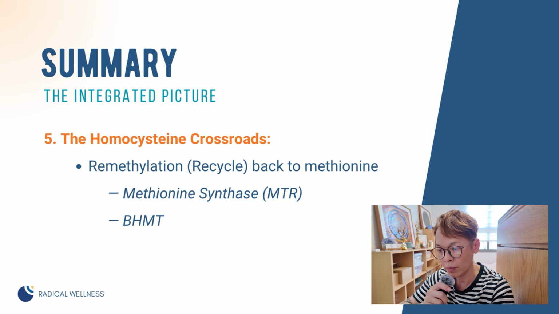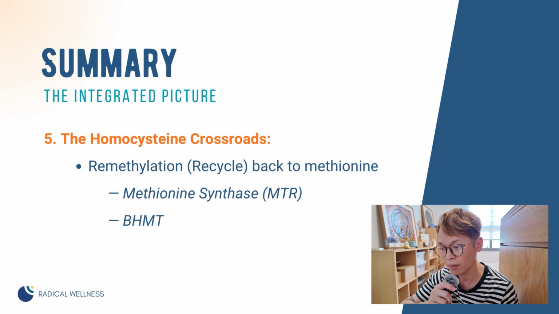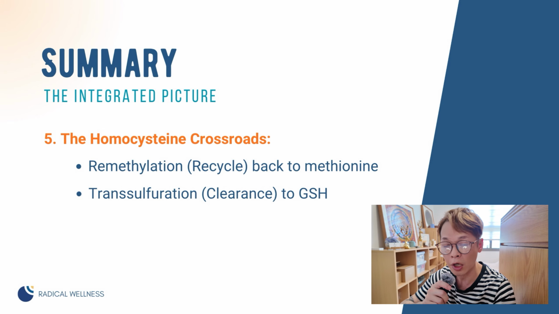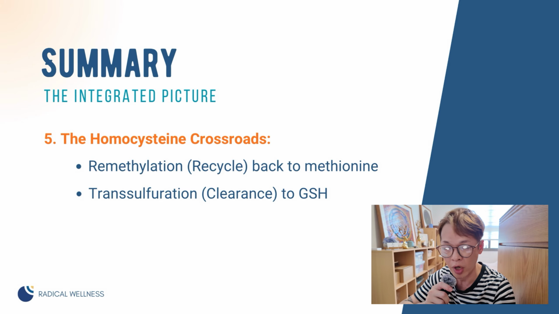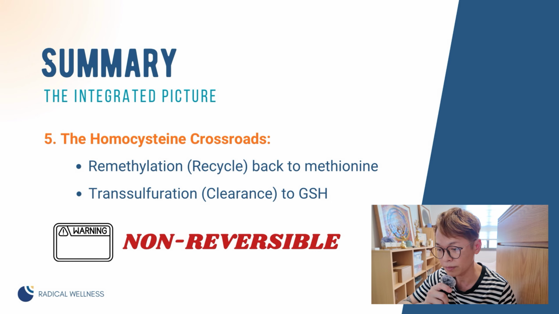Then the second option will be this BHMT pathway, which recycles homocysteine using betaine as a methyl donor, but is limited to liver and kidneys only. Then the second fate will be under this clearance pathway, which is the transsulfuration pathway to produce glutathione. This can be activated by high SAM levels, and this pathway is non-reversible.